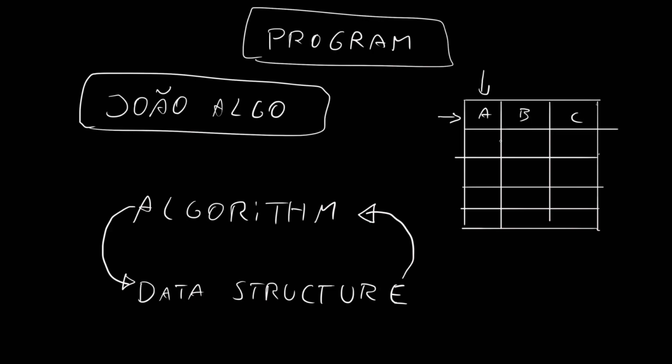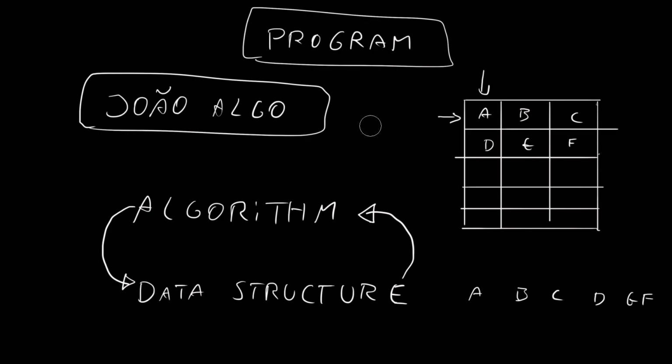Let's say we go A, B, C, D, E, F, etc. We could also just have it in a linear array where we just go A, B, C, D, E, F. And here the algorithm would need to be different. And probably also the possible things that we do with this data structure are different. So the way we organize the data necessitates different algorithms.